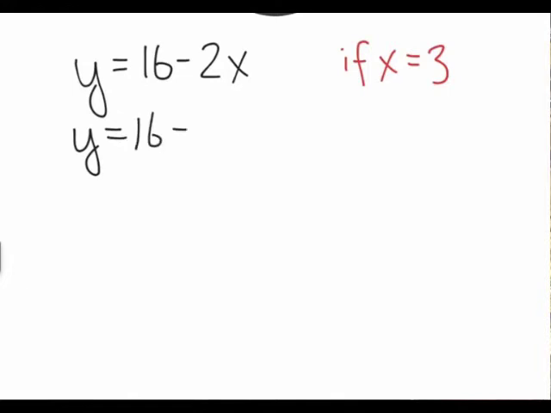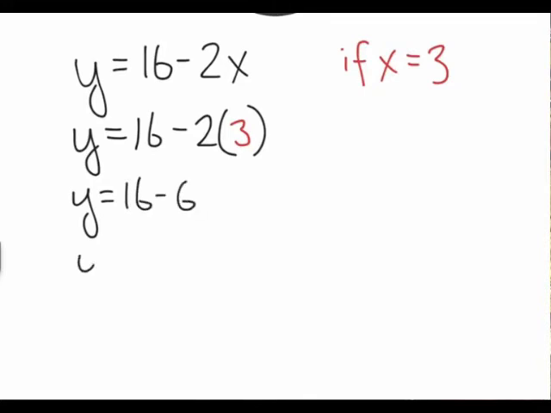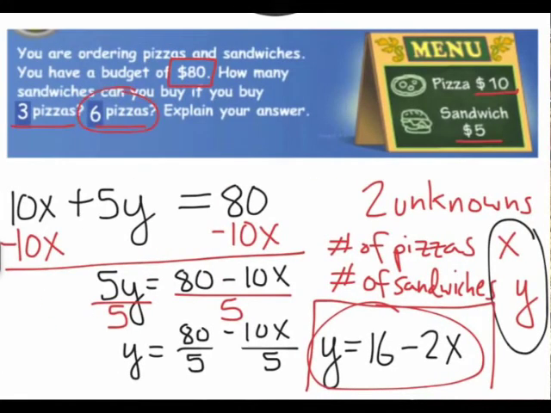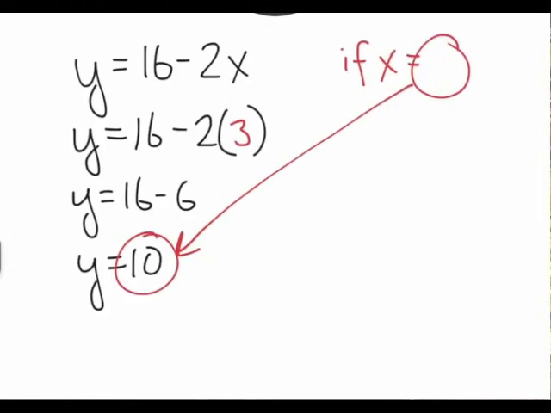Let's evaluate this equation for x equals 3. So this becomes 16 minus 6, so y equals 10. In other words, if I buy 3 pizzas, I have enough money in my budget to also buy 10 sandwiches. This is what we just found. Now, let's try this exact same situation, except with 6 pizzas. Watch what we do. Instead of 3, x is going to be equal to 6.